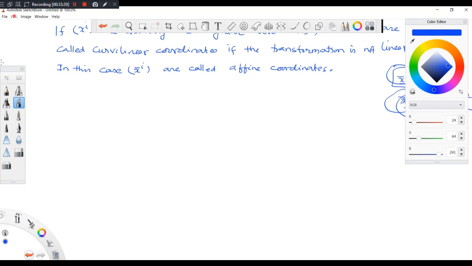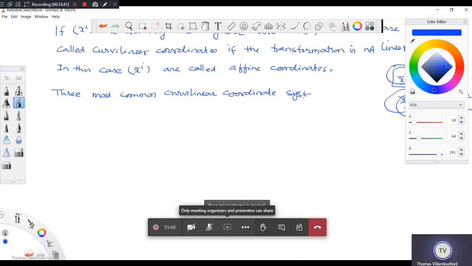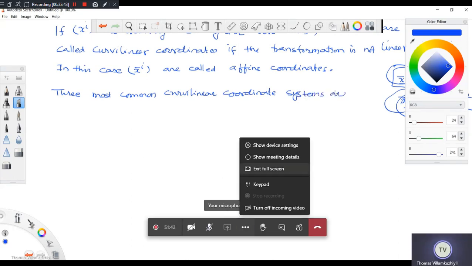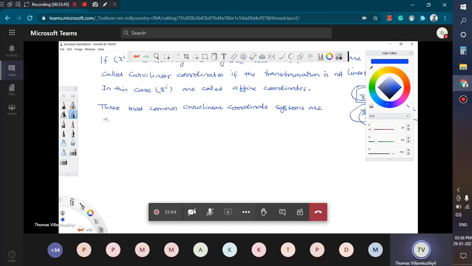The three most common curvilinear coordinate systems are given below.